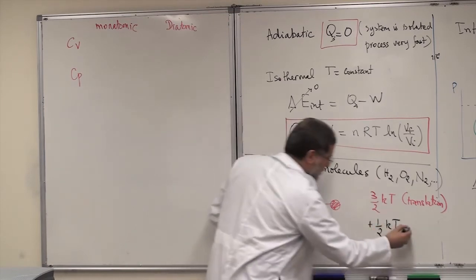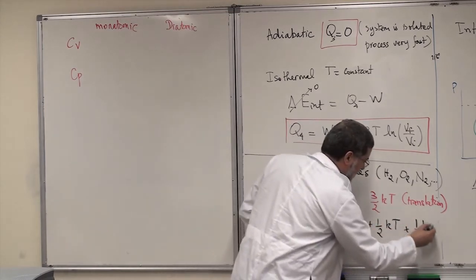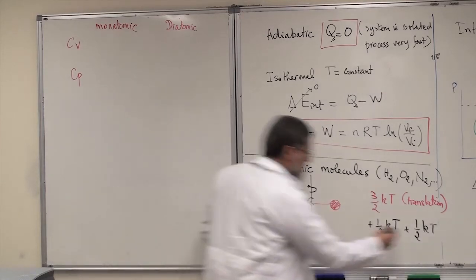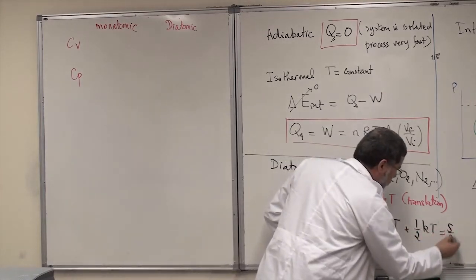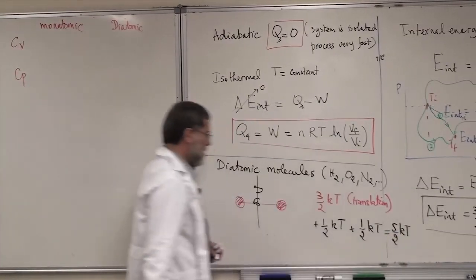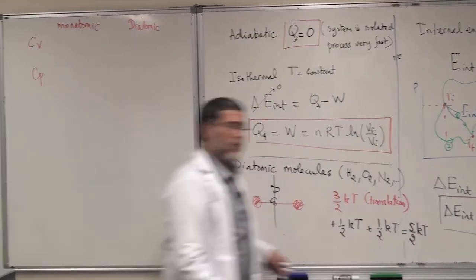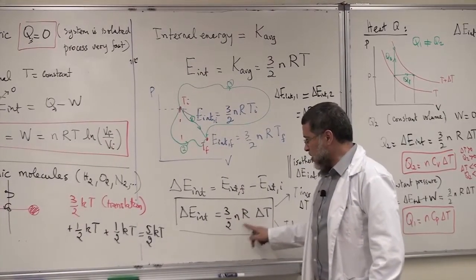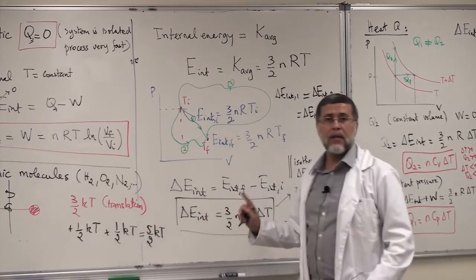So another half kT. So how many of them I have now? I have 5 over 2 kT. That's for a diatomic molecule. So whenever you see 3 over 2 R, you change it into 5 over 2 R, okay?